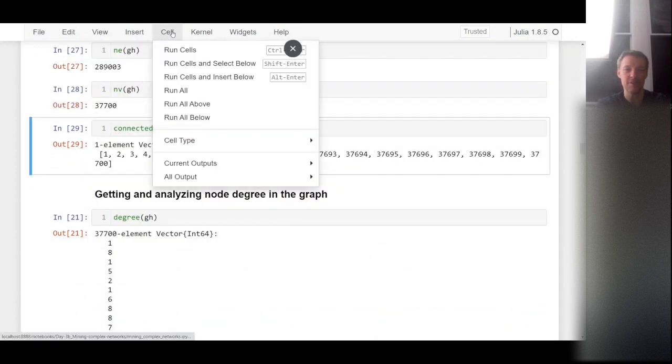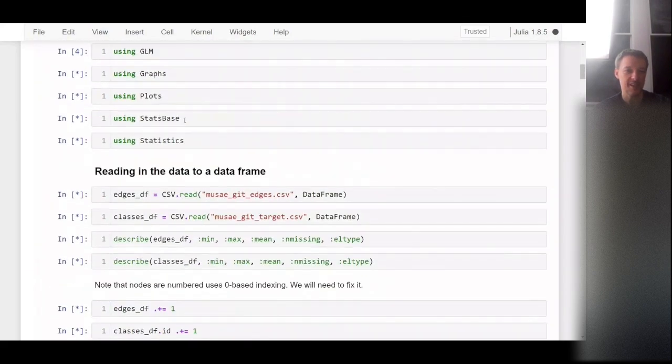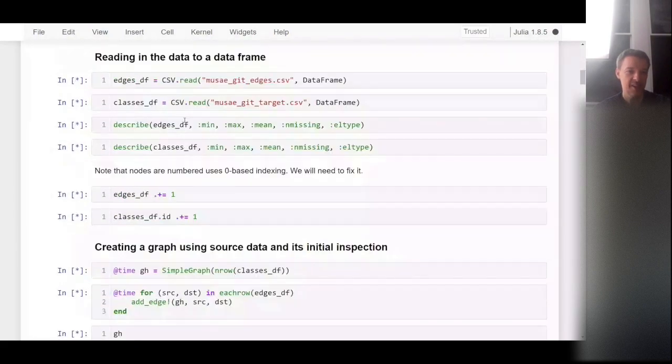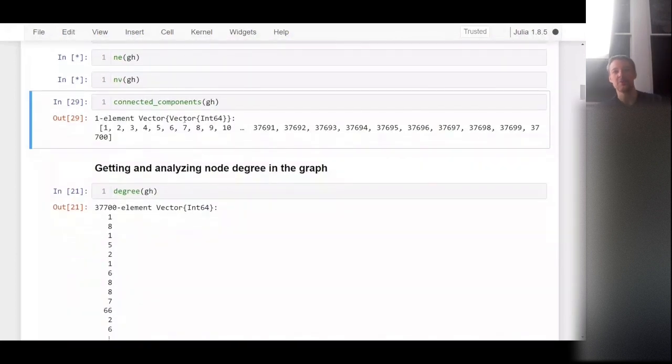I use Cell, Run All Above, so I run all cells above this connected components cell. We can see that all those cells now have the asterisk, and they will be run again to get me back to the state of the notebook where I currently am.